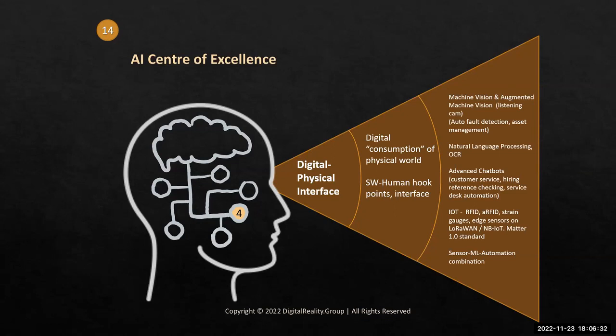Other things will be like radio frequency ID, RFID. This is not new, but the only thing new is the cost has come down. And advanced RFID would be radio frequency ID devices that have extra sensors attached to them.